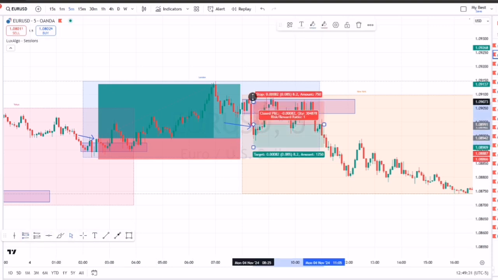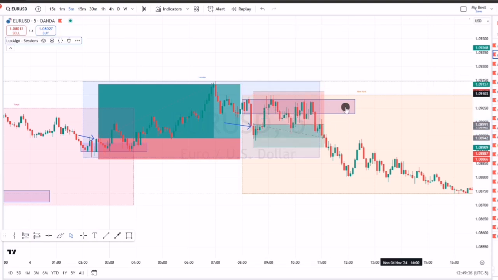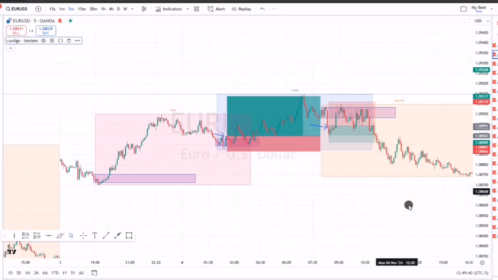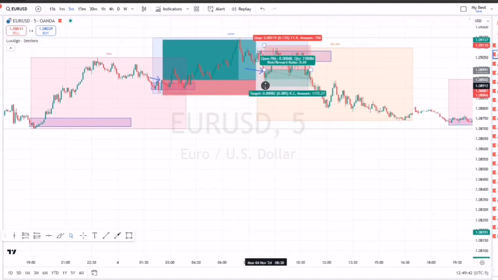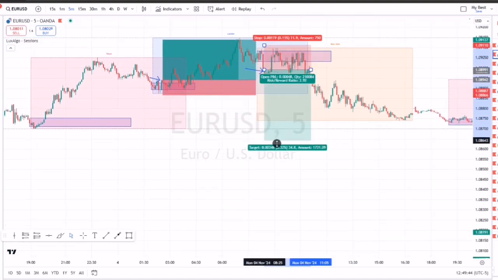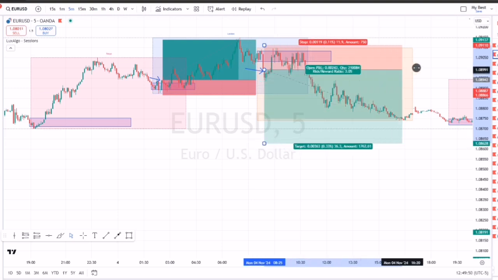There, put your stop loss just above that pin, and then you target your 1 to 2.5 or 1 to 3.